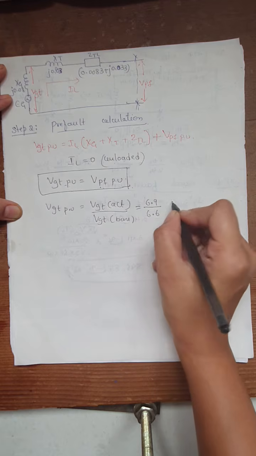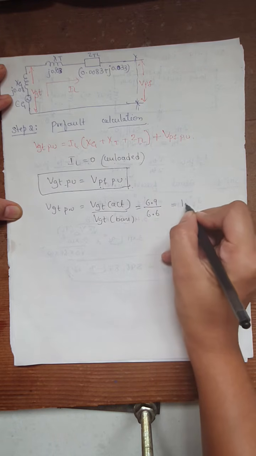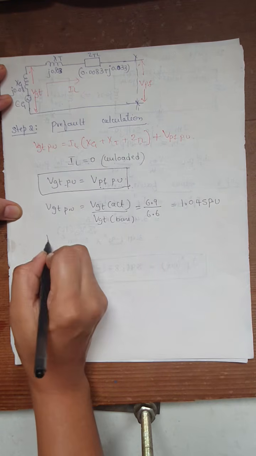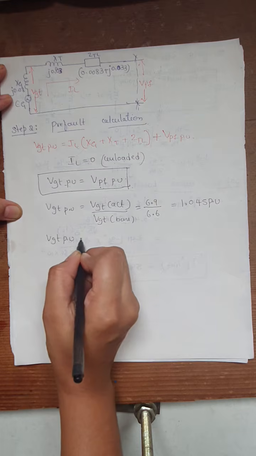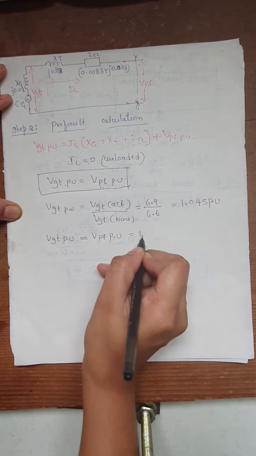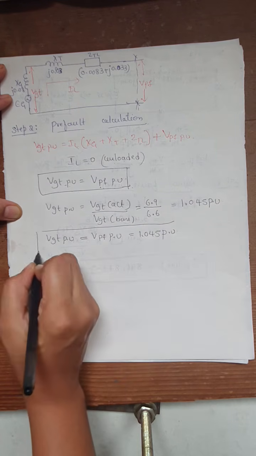After this calculation we obtain VGT as 1.045 per unit. This VGT per unit value is also equal to VPF per unit, that is 1.045 per unit. This is a very important step.